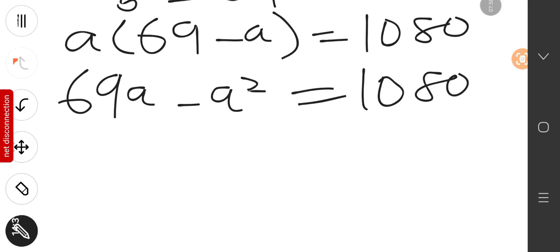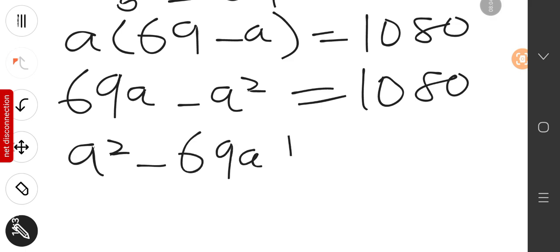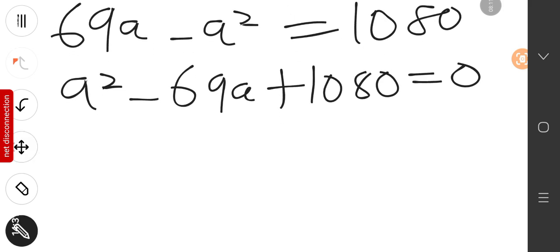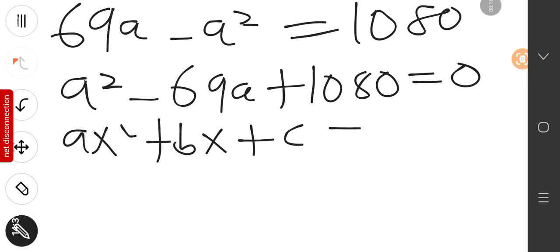So we have A squared minus 69A plus 1080 equals 0. Now we are going to use the quadratic formula to solve this. We know that AX squared plus BX plus C should give us 0.